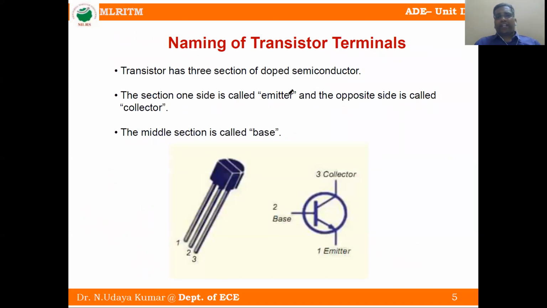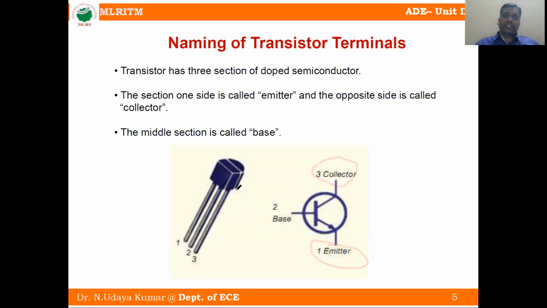Naming of transistor terminals. A transistor has three sections of doped semiconductor. One side is called the emitter, the opposite side we call the collector, and in between is the base. So this is the transistor symbol. Practically, we will see it in the lab.